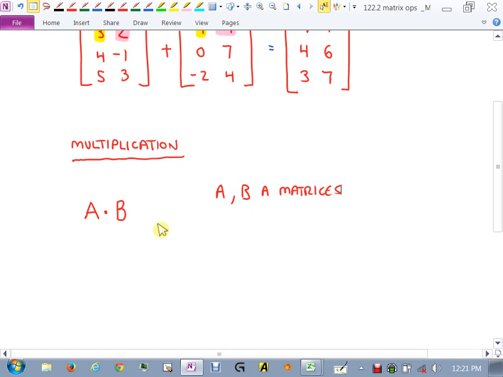If I want to multiply these 2 matrices together, I need the columns of A to be equal to the rows of B. That must be true in order for me to even be able to do it.